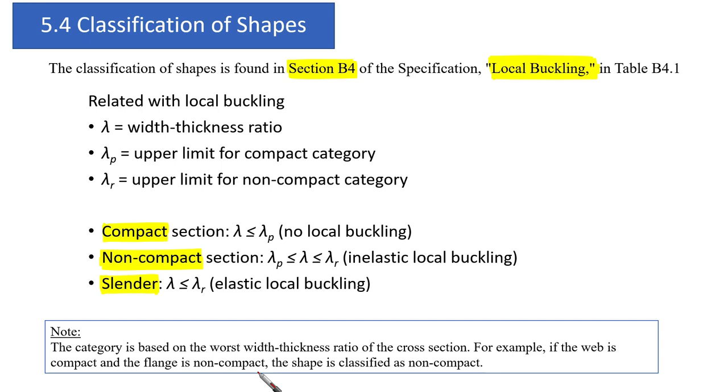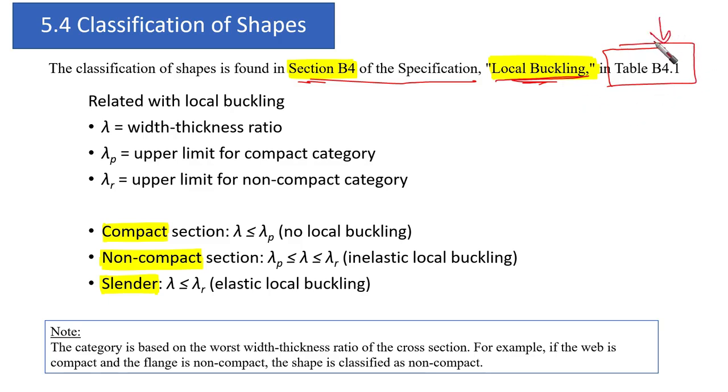Now let's go to another part, which is related to the classification of shapes. The classification of shapes is found in section B4 of the specification, under the title of local buckling. You're going to find it in Table B4.1.